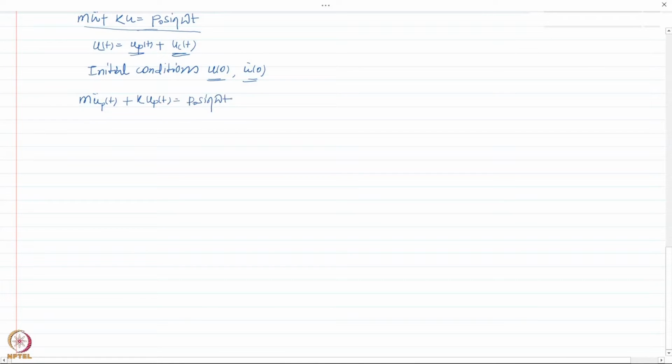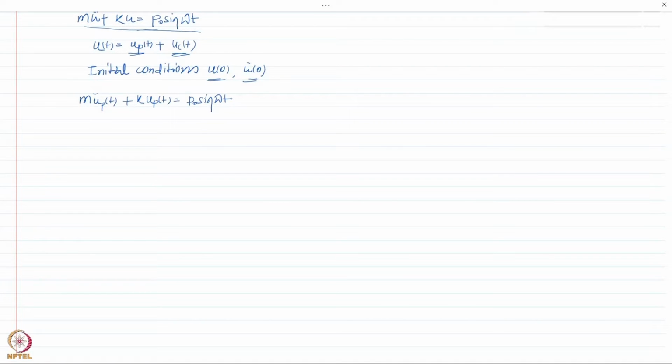Now what I see here on the left hand side of this differential equation, I have a term u of t and then a double differential term, and the sum of that is equal to some sine function times some constant.